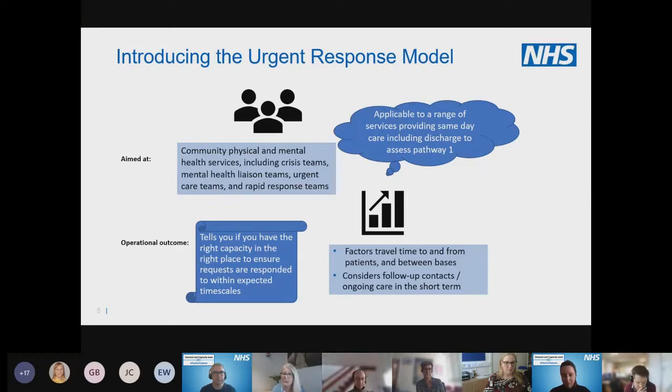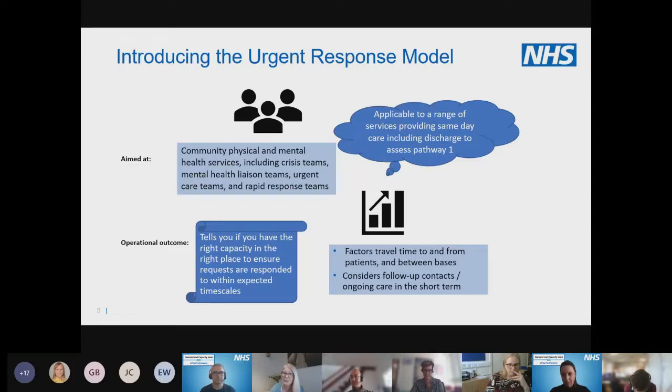It's really applicable to a range of services, so it's not just designed for those teams. It could include services that bridge the hospital and community, services providing discharge to assess pathway 1, but it is designed for services that provide a rapid response.